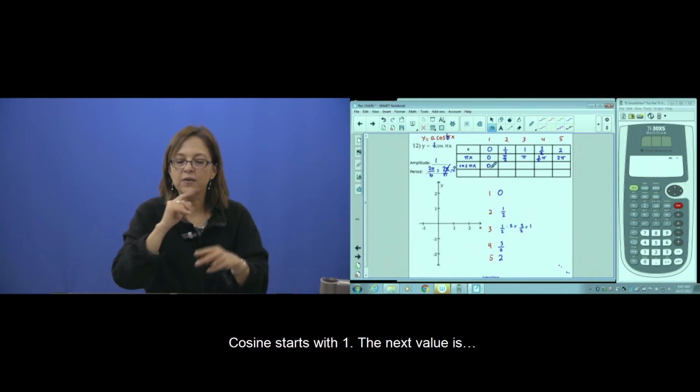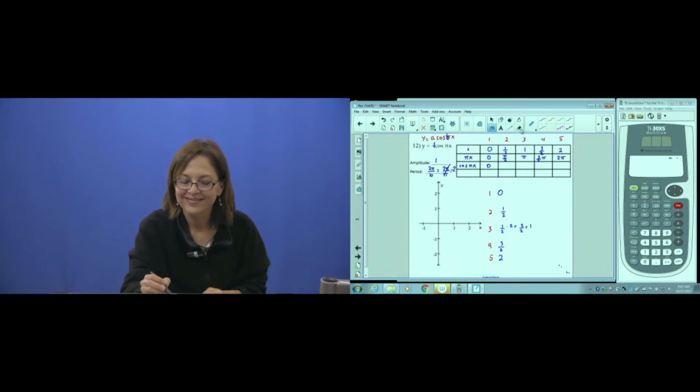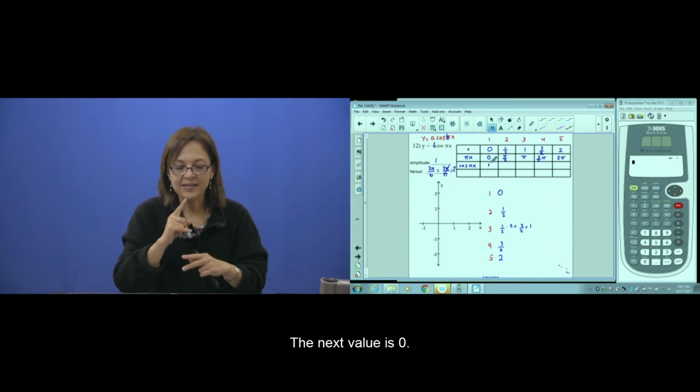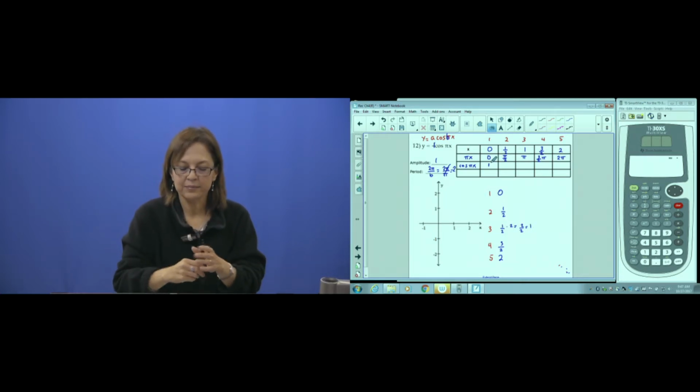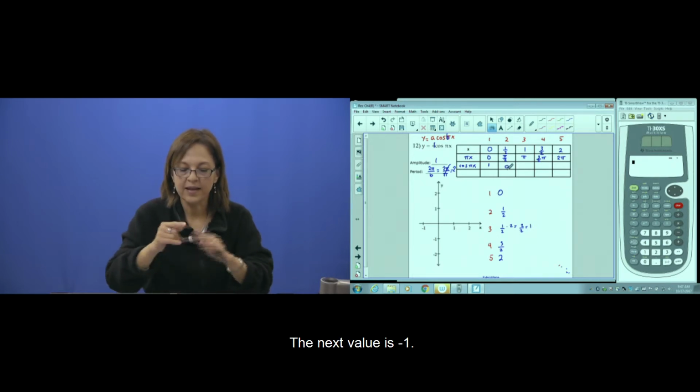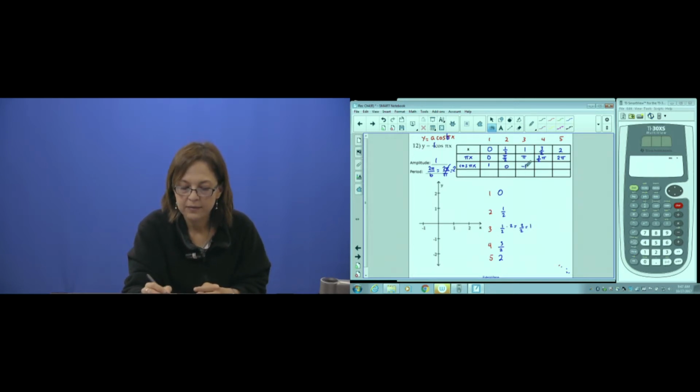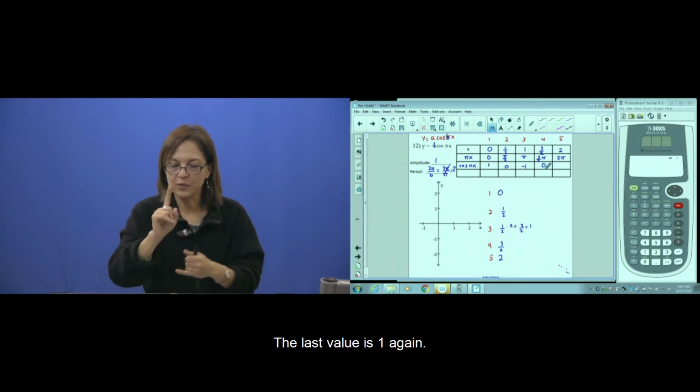The next value is 0. The next, -1. The next, 0. And the last is 1 again.